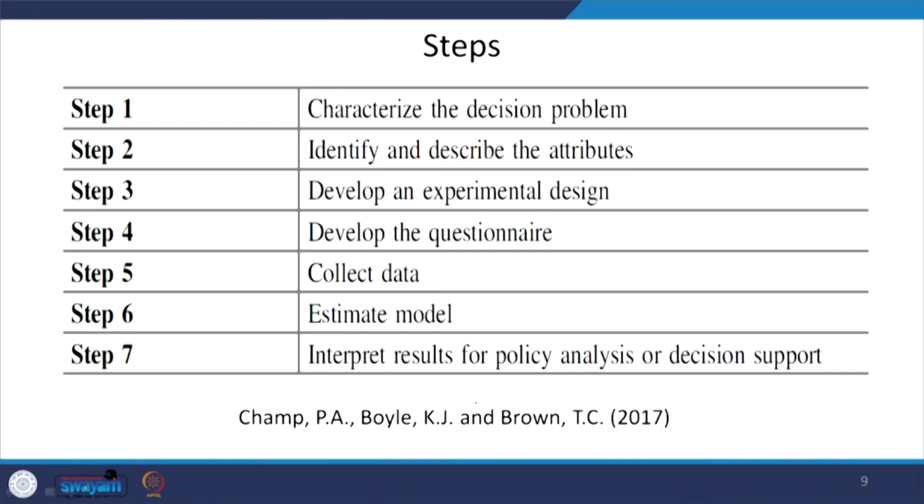The first one is characterizing the decision problem, or identifying the problem itself. Then we will be finding the characteristics or attributes. The second step is identifying and describing the attributes, then developing an experimental design, developing the questionnaire, then collecting the data, estimating the model, and once the model is estimated, interpreting the result for policy analysis and decision making purposes.